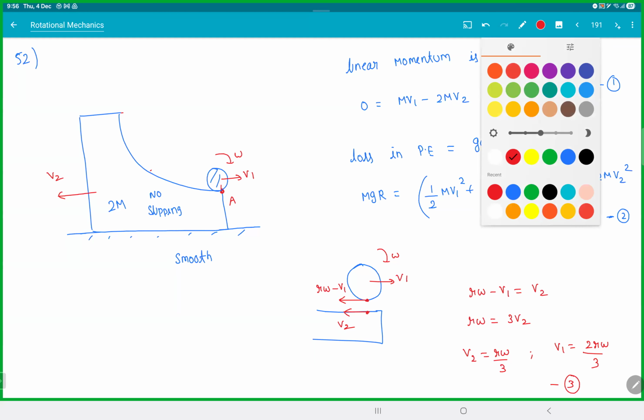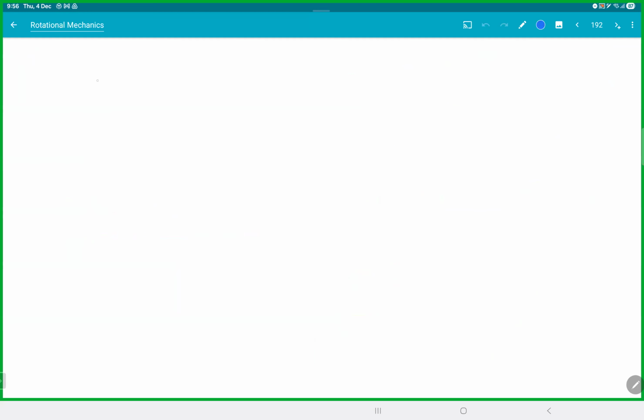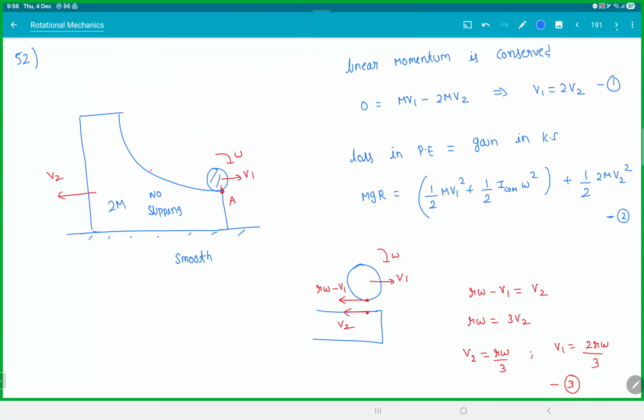Clear? So want to solve? We can solve this. mgR equals half m v1 square plus half times solid sphere 2 by 5 m small r square omega square plus half 2m v2 square. This will be 1 by 5 m r omega square. Now be careful. r omega is 3v1 by 2.